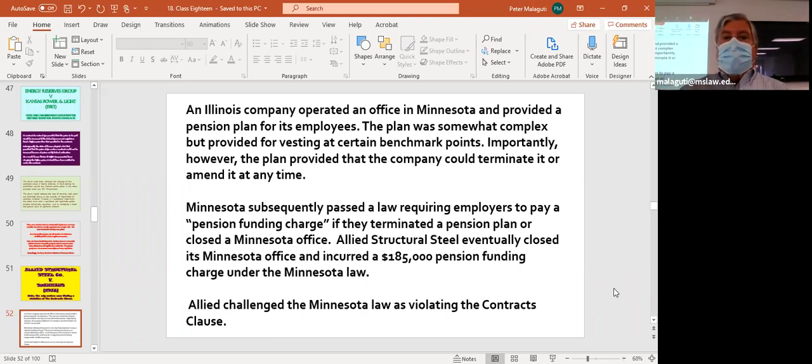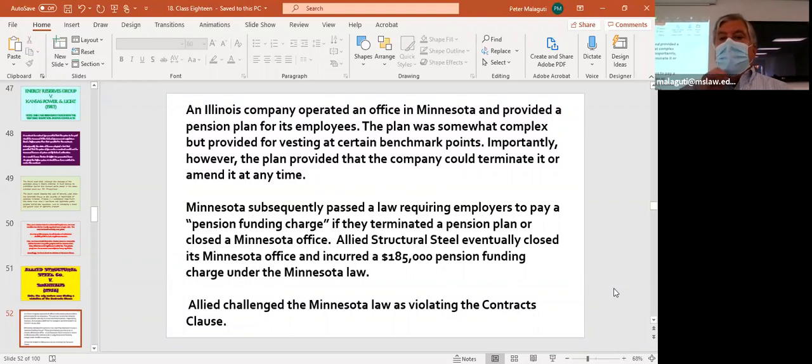So after this pension plan is created through collective bargaining with the employees, Minnesota passes a law that says if companies terminate their pension plans, they have to pay a penalty to the state.